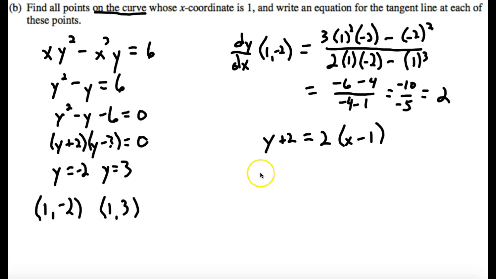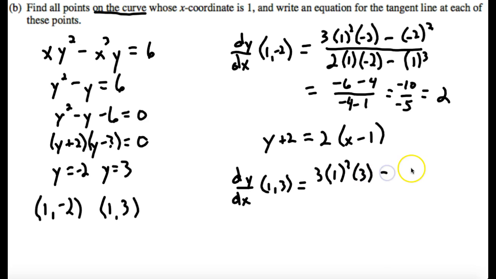Now I want to do the same thing for the point (1, 3). So dy/dx at (1, 3) is going to be 3 times x squared times y minus y squared, all over 2 times x times y minus x cubed.